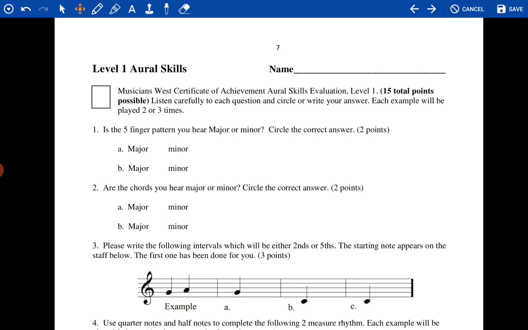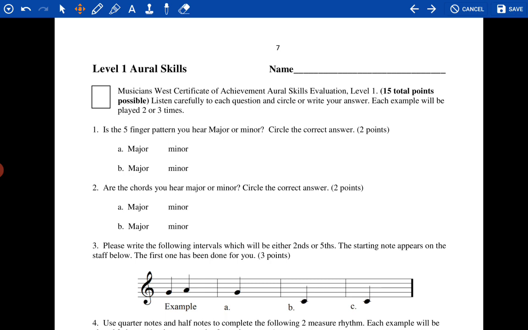Do you think it's happy or sad? If it feels happy, then it's called major, and it is major. Listen to the next one. Again, only one note changes, but it makes a big difference because it feels different, right? And it was a minor 5-finger pattern.